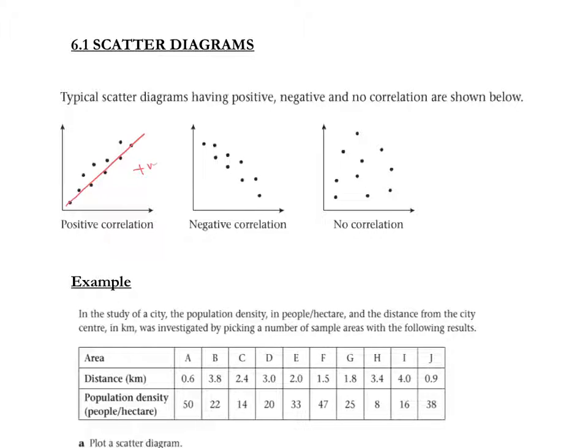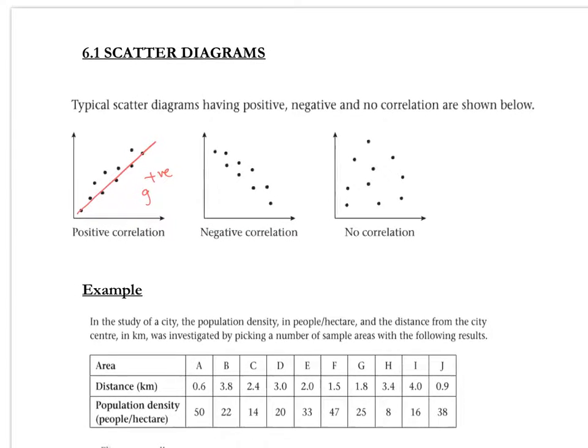So you've got a positive gradient, and in the next graph you would draw a straight line and you would have a negative gradient there. And the first one's a positive gradient. And you can see on the last diagram we can't draw anything in terms of a straight line. There seems to be no relationship between both of them.